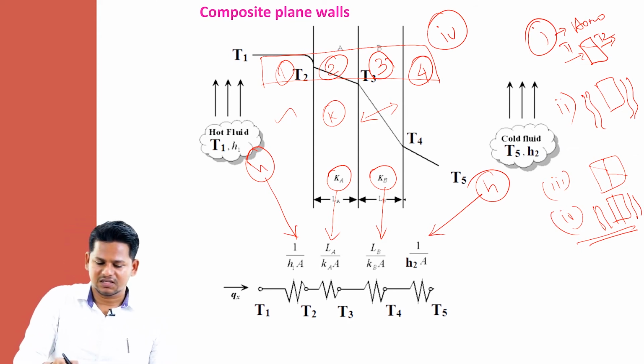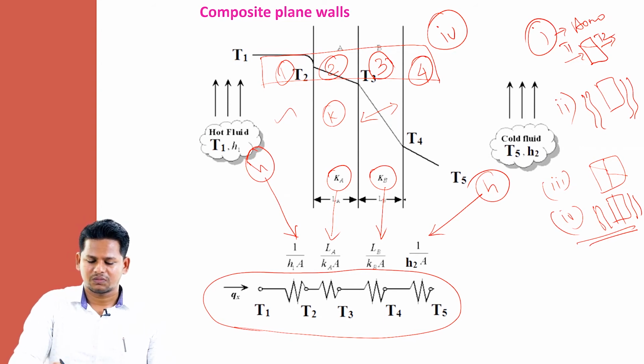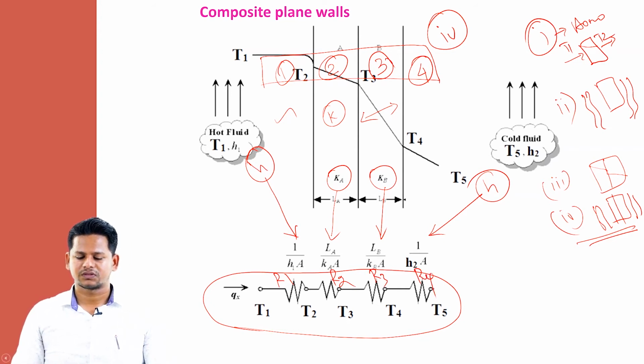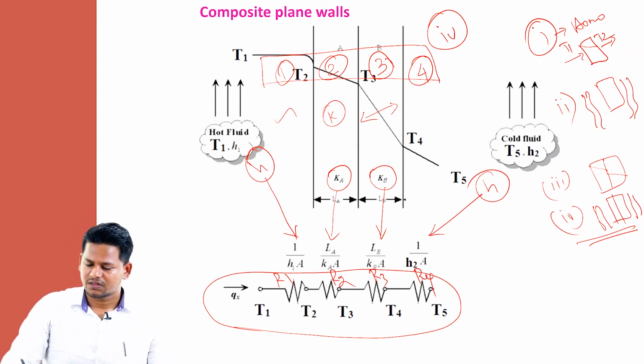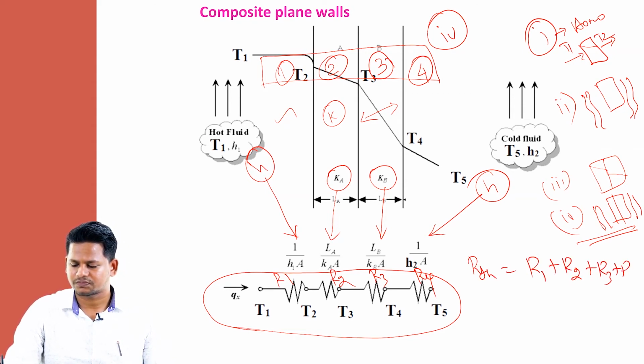Finding the thermal resistance is very easy. We can draw the electrical analogy like this: R1 plus R2 in series, so just sum up to R4. How can you find the overall RTH? Very simple: R1 plus R2 plus R3 plus R4.